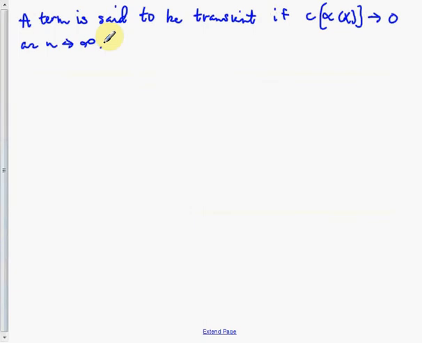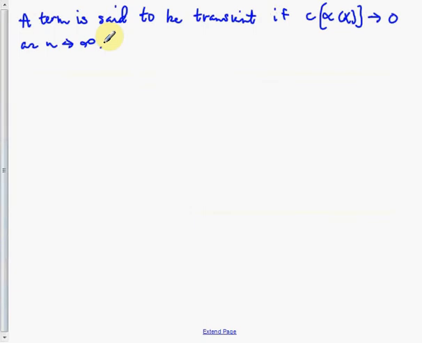So if the answer is like 2 over x, well, you can't include 0. So the solution would be from negative infinity to 0, open interval, union with open interval 0 to positive infinity. If the answer is the square root of x, then the interval for the solution would be open interval from 0 to positive infinity. So very basic.